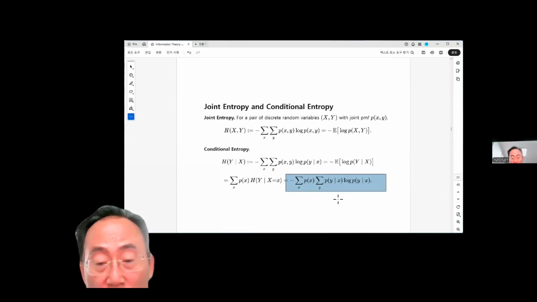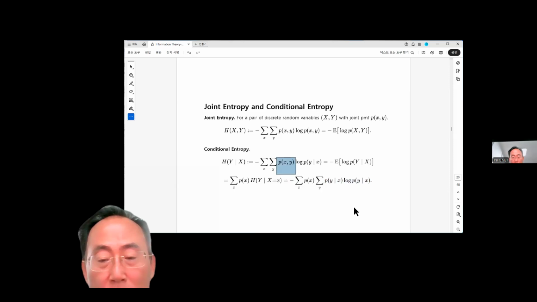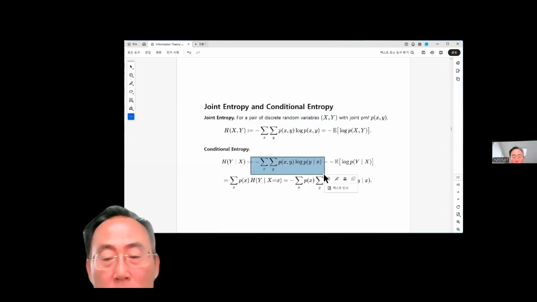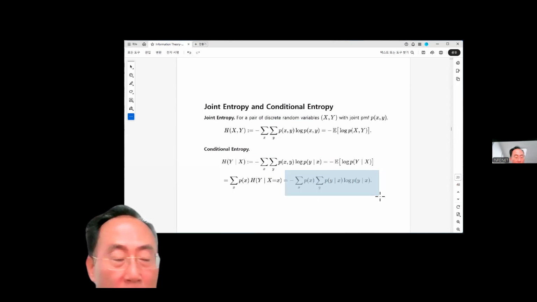What has been changed? It is nothing but decomposing this into p of x times p of y given x. After you have done that, this falls through. So we know that this to that is nothing but applying the definition of joint distribution function.